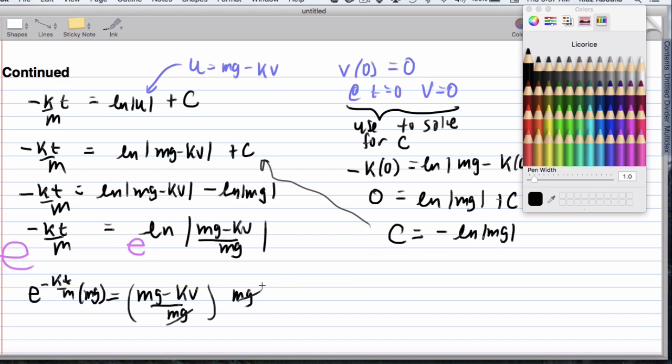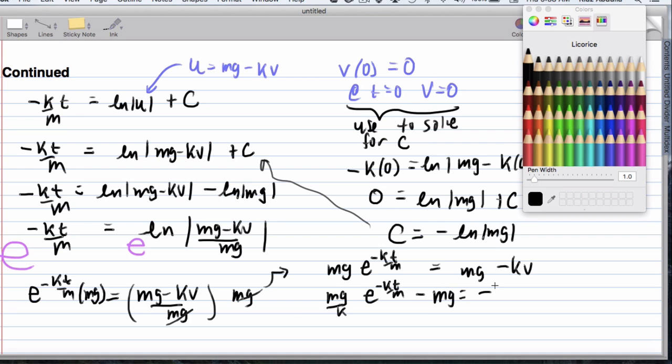Continuing over here, I'm going to get mg e to the negative kt over m equals mg minus kv. I'm going to isolate v by subtracting mg and dividing by negative k. What I'll end up getting is mg over k minus mg over k e to the negative kt over m equals v.